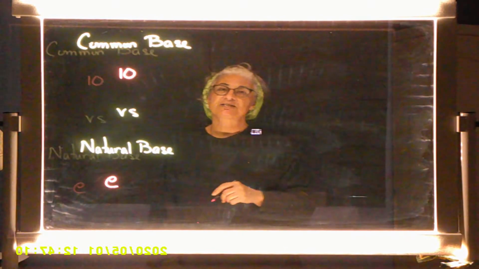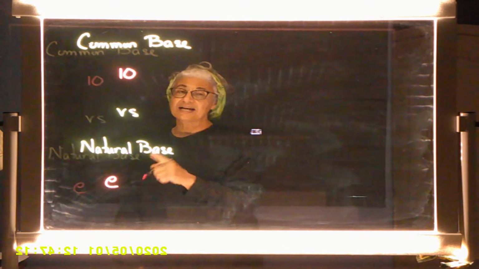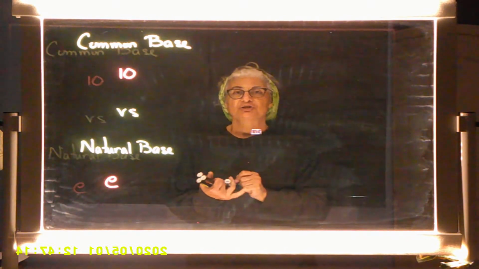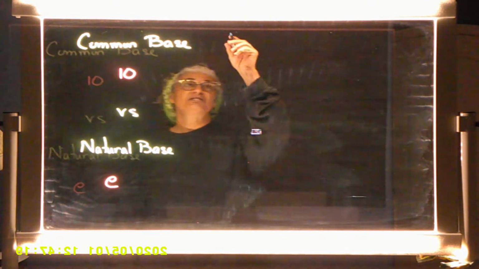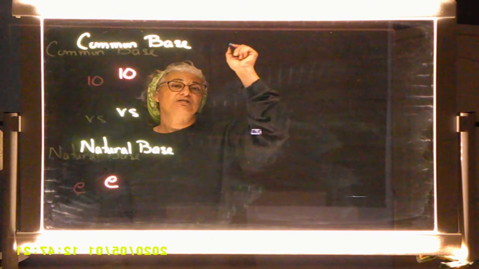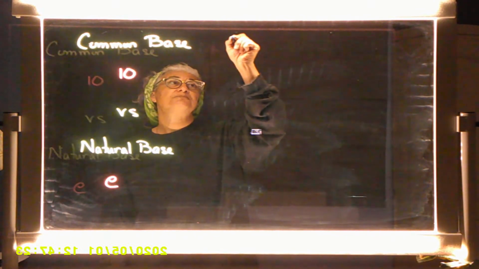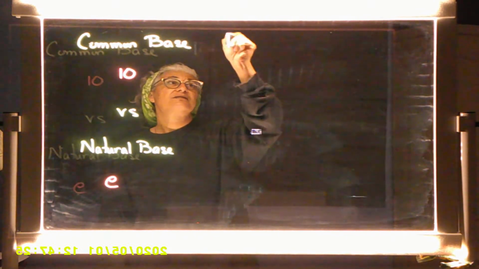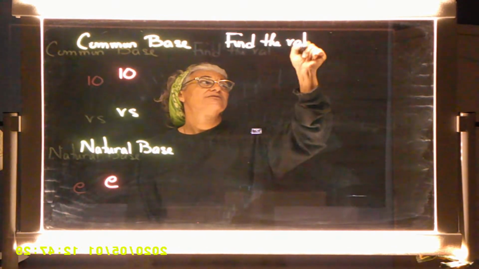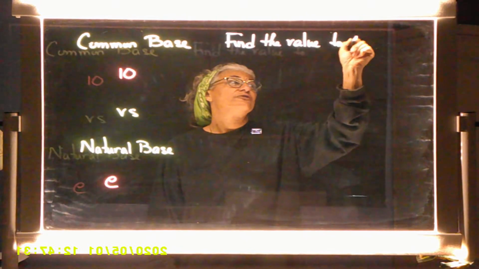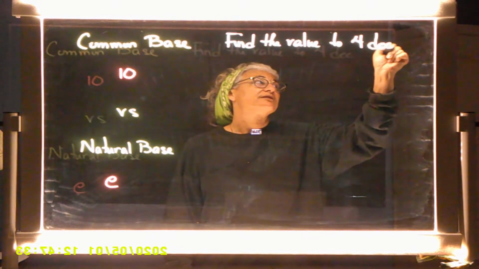Now, e may look like just a variable to you, but e actually represents a number. So, here's going to lead me into something that I want you to get your graphing calculators out for. We're going to find the value to 4 decimal places.